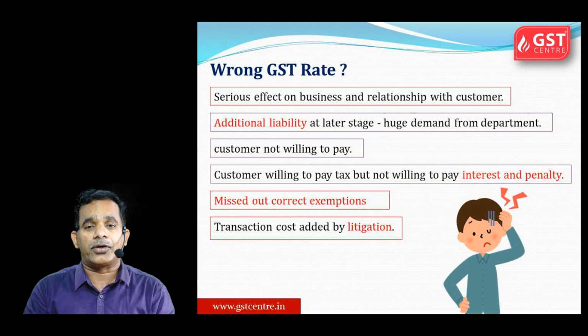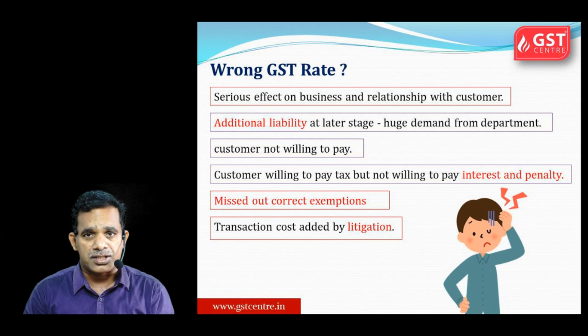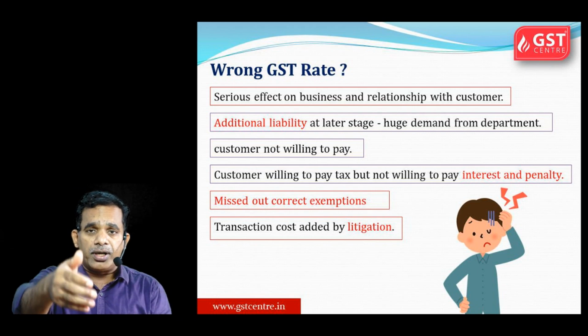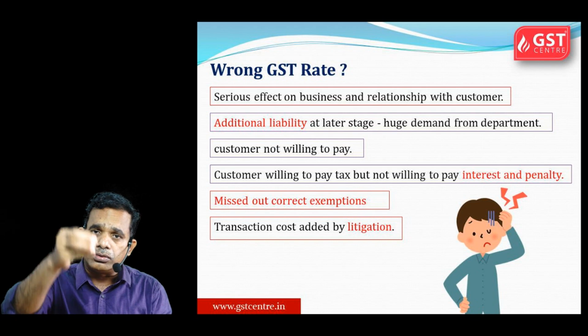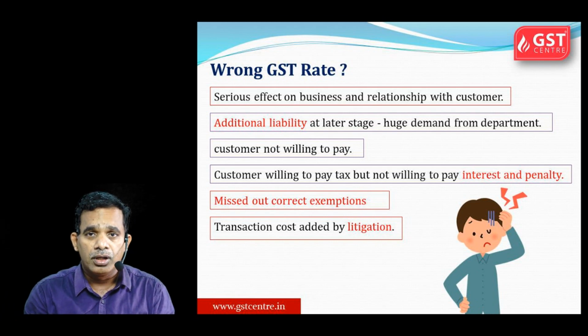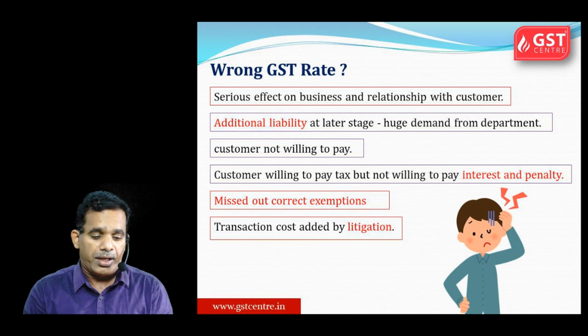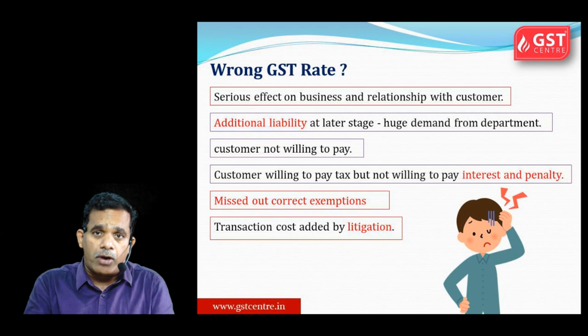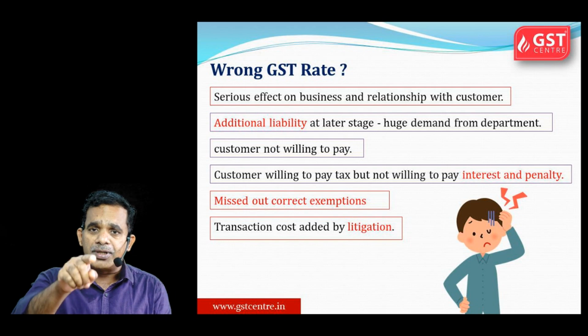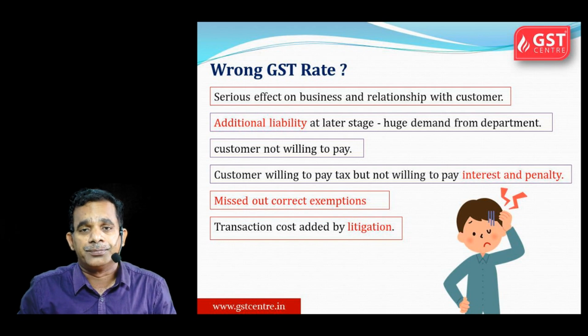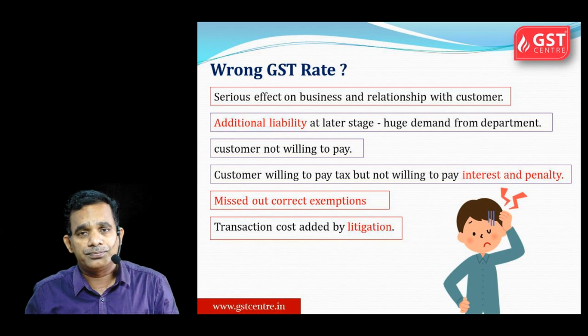You collected 5% from the customer, but the department issued a notice to you to pay 12%. If you go to the customer, he may not pay you. Even if the customer is willing to pay, the department will be charging you interest and penalty.